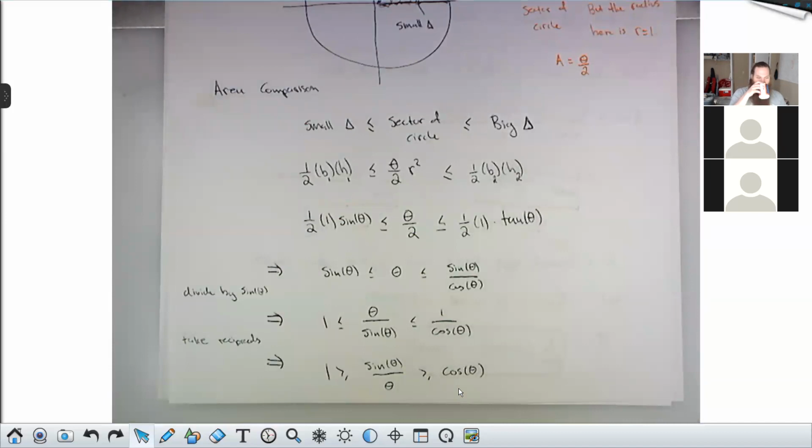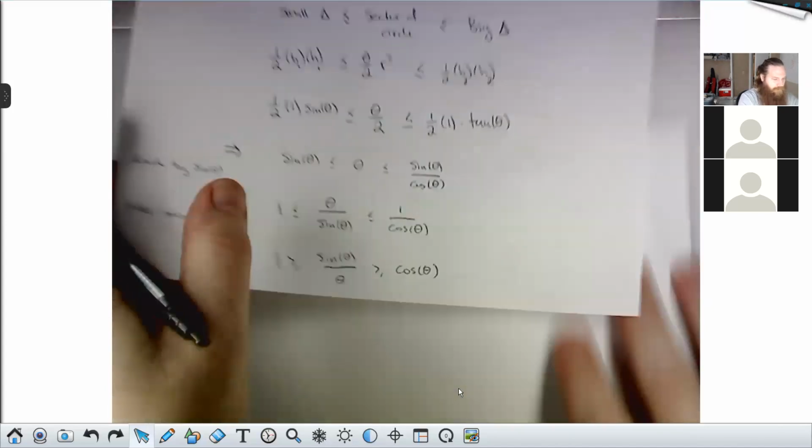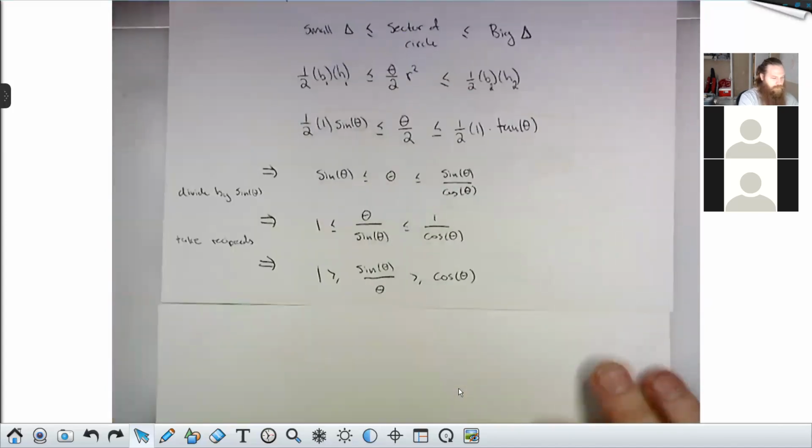Remember the squeeze theorem? The policeman's theorem? That's why we teach that before this, because we need it here. We're going to be rigorous, and we should.